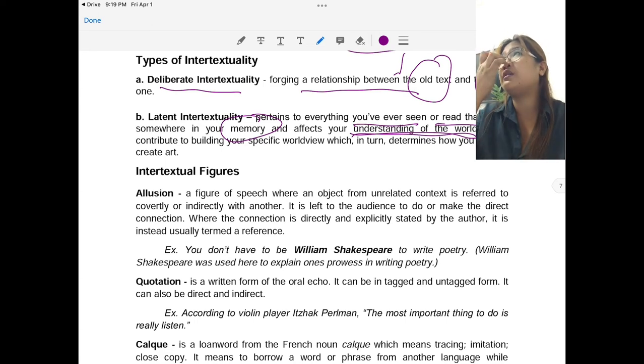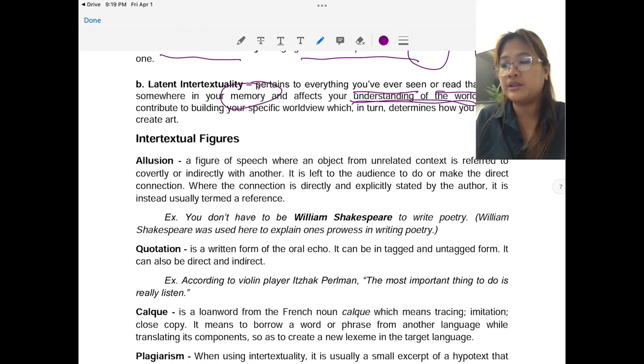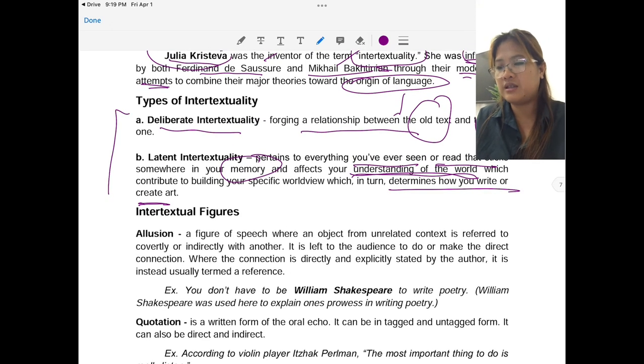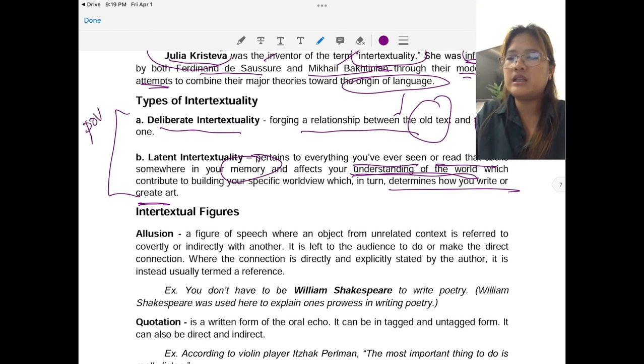Like, the author didn't really intend to put intertextuality there, but since you've read so much, you relate it to what you have already encountered before. So it determines how you write or create art, okay, or how you even read the text. So this is based on the point of view of the author, pwede rin siya sa reader.